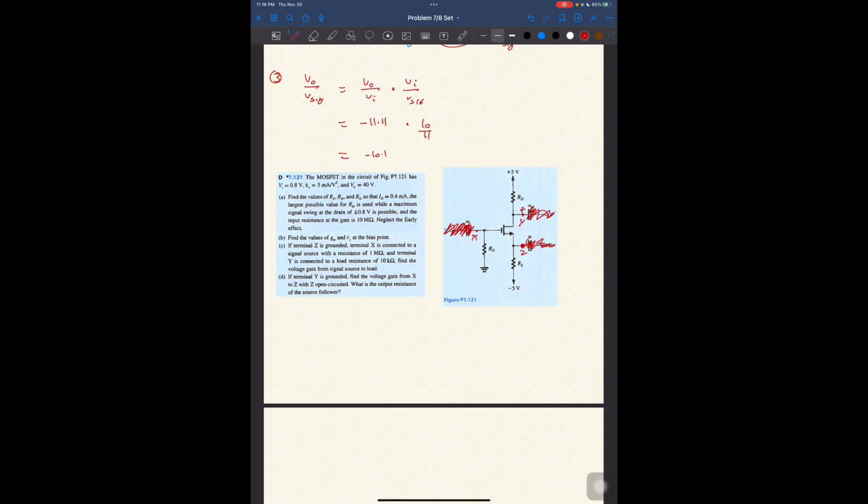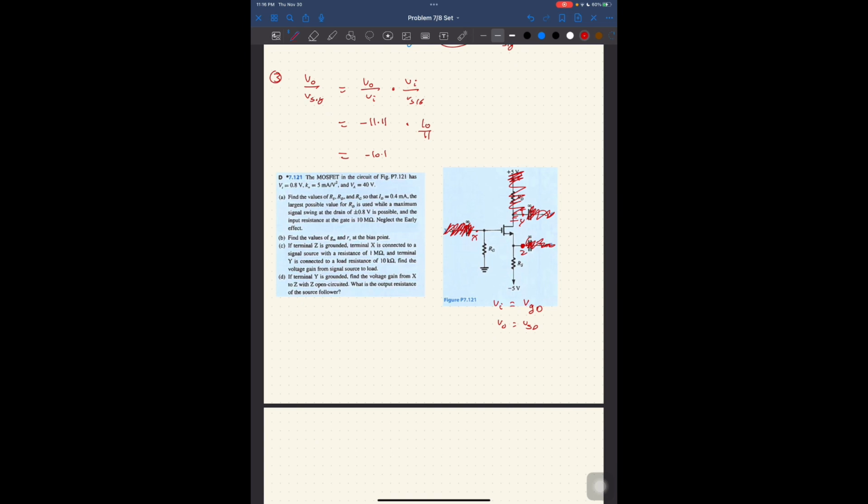And what is the output resistance of the source follower? Well, in this case, I can see that Y is 0, so this entire thing is just going to be the ground, such that my VI is equal to my VG, and my VO is equal to VSD, right?